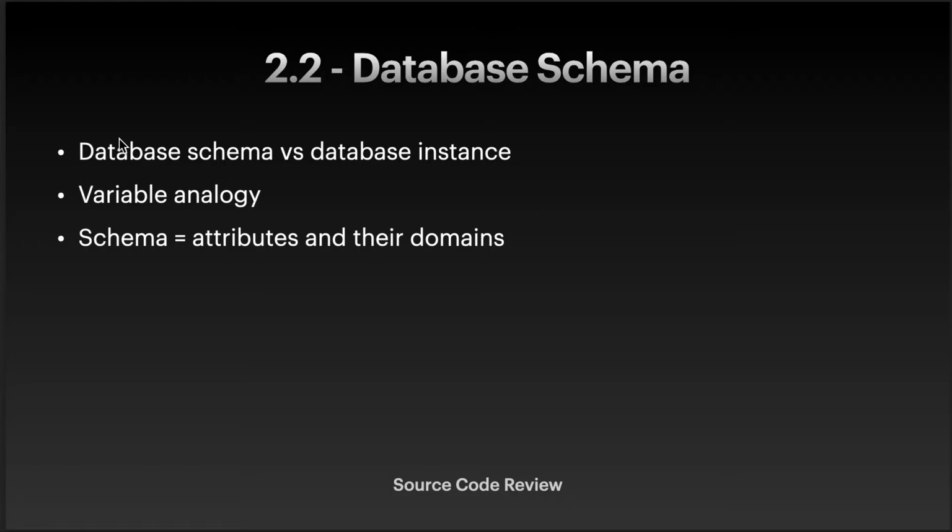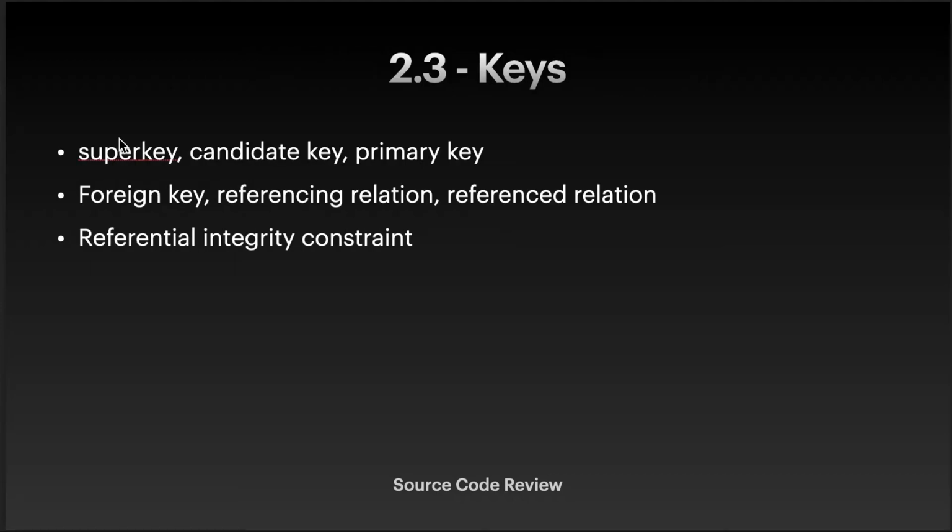Because it's defining the specification of the variable, and the value of a variable, right, since it's instantiated, represents the instance, basically. And what a schema is, just to give a precise definition, is all the attributes of an entity and their domains. Section 2.3 covers keys.